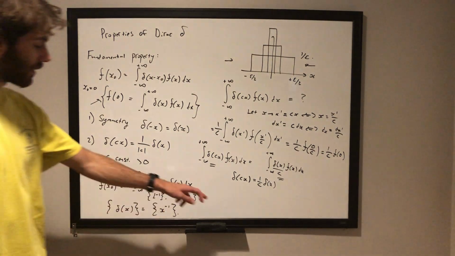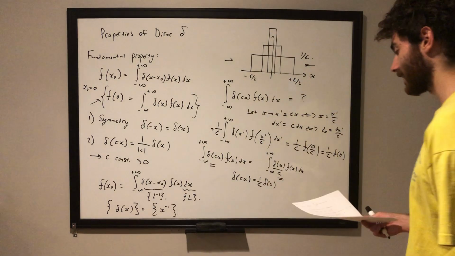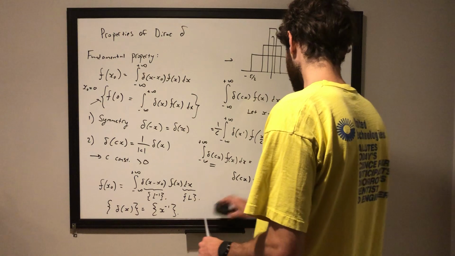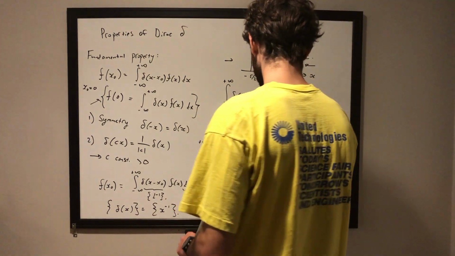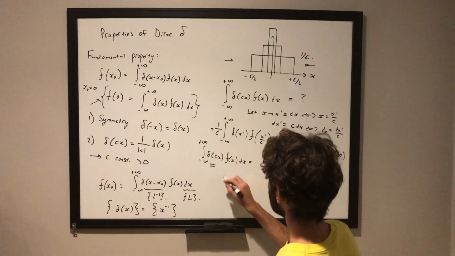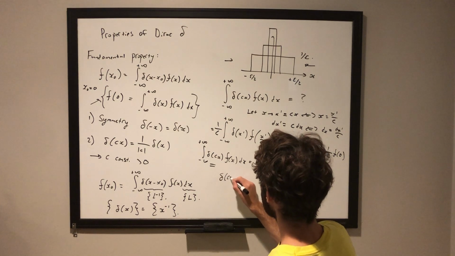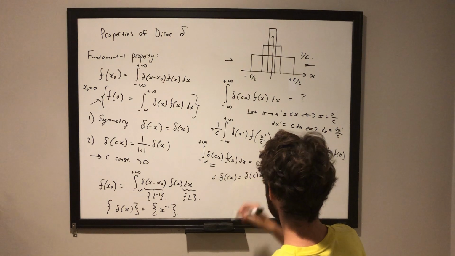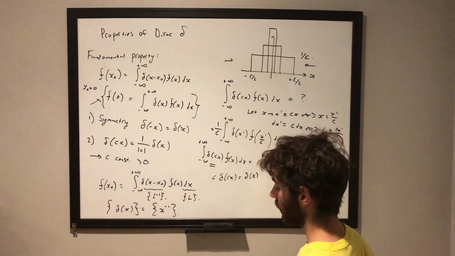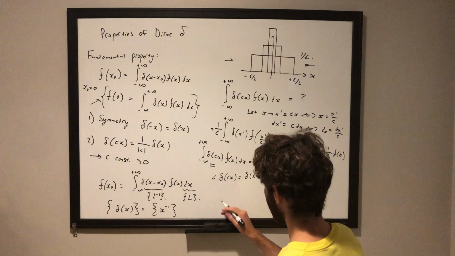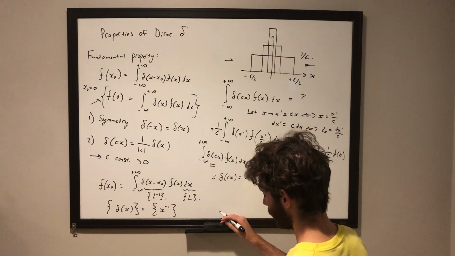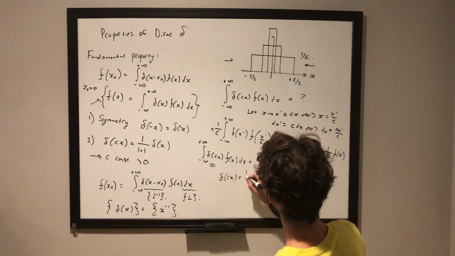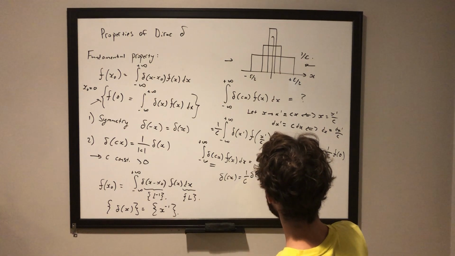And then from property 2 here, this makes a lot more sense, because if I just move the c to the other side, I'm going to rewrite this. So I have delta of cx equals 1 over c delta of x.